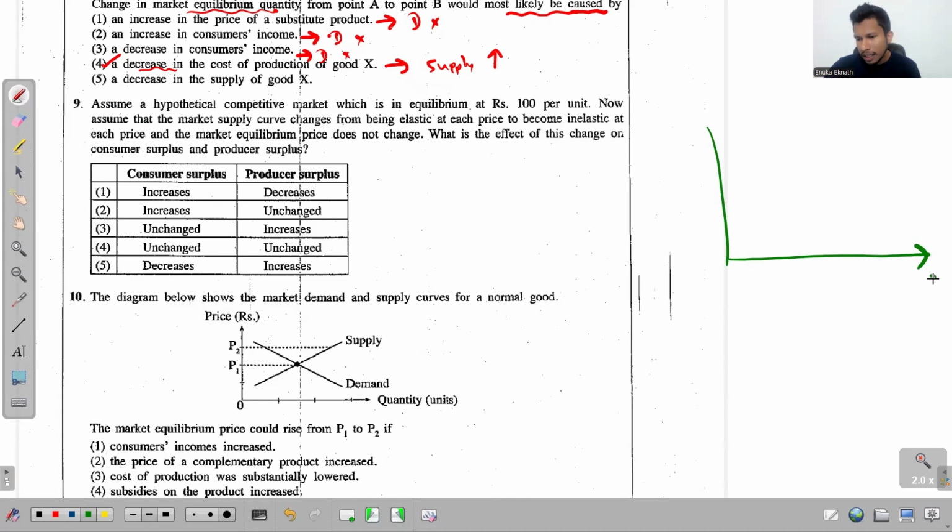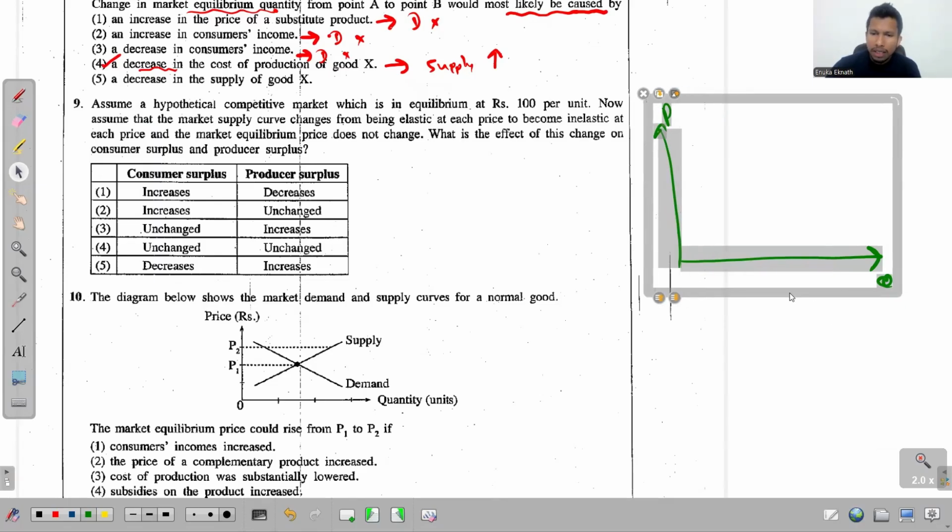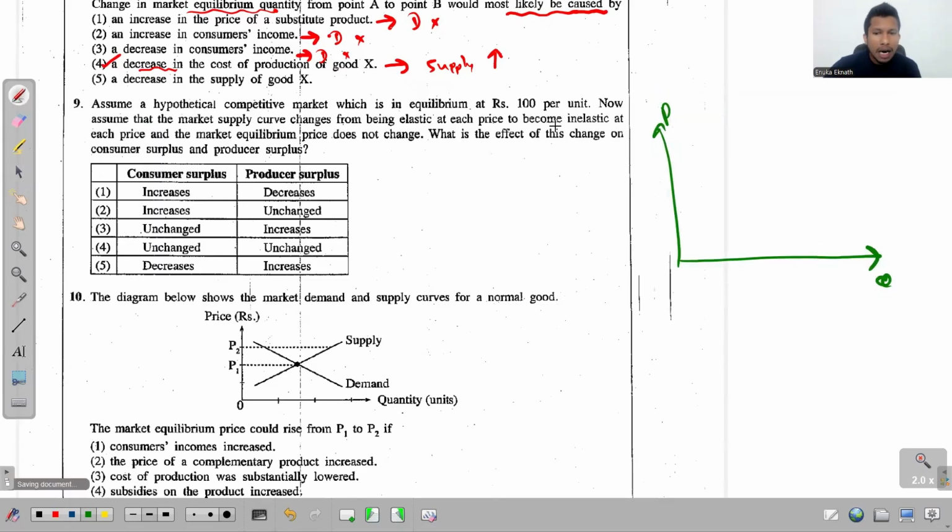Imagine that this is the quantity axis and here we get the price axis. Just imagine that the initial supply curve is elastic. So this is the demand curve, and if the supply is initially elastic, it should start from the price axis. So this is the supply curve.